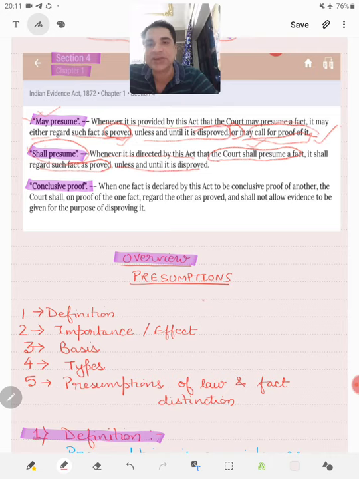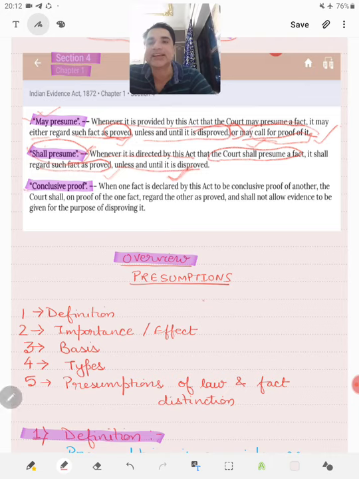So in a case where shall presume is written, the court does not have the other option, that is, to call for proof of it. It is mandatory for the court to take it to be proved. However, it will allow the opposite party to give evidence against it, to disprove it.